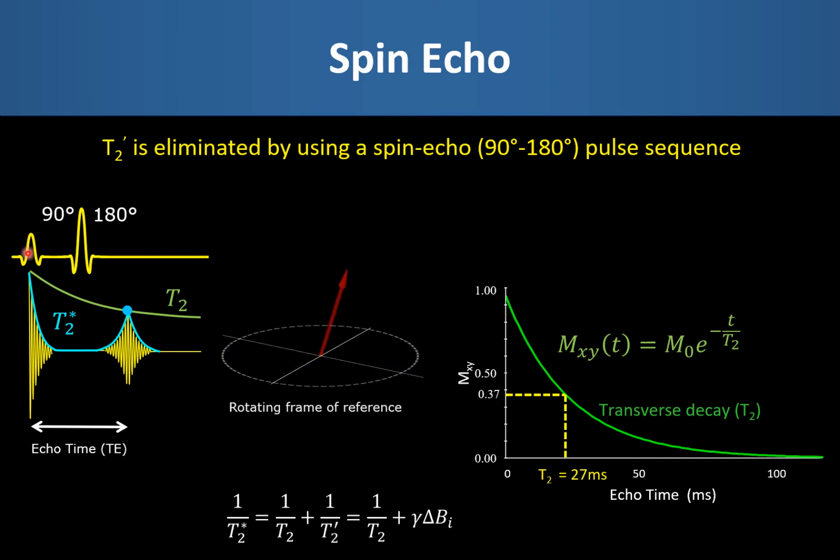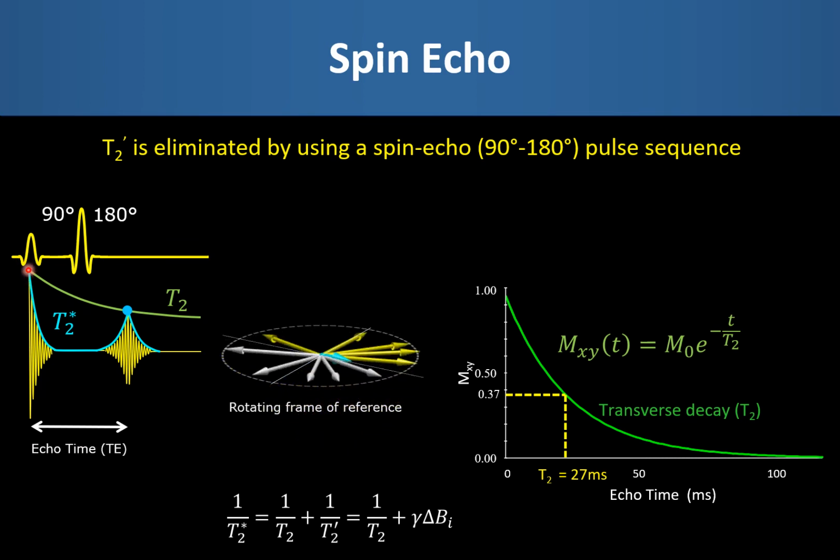So immediately following the 90-degree pulse, we have the dephasing with our T2 star envelope. And then once it's been flipped by the 180, the nuclei will start to come back into phase coherence, again forming this signal which is known as an echo at the echo time.